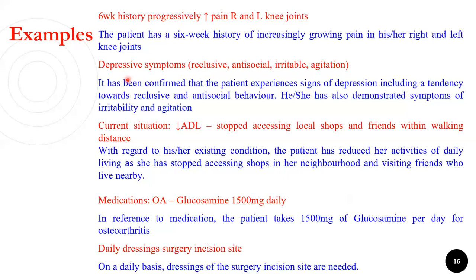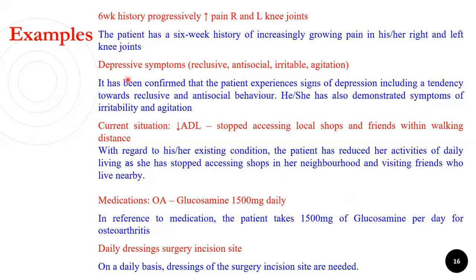Instead of just using commas to separate the symptoms as you have in the case note, you may want to not do that and bring them together in either a compound sentence, a complex sentence, or in 2 simple sentences, whichever one. So what I have done here, it has been confirmed that the patient experiences signs of depression, including a tendency towards reclusive and antisocial behavior. He or she has also demonstrated symptoms of irritability and agitation. So that's what I've done to avoid just listing.